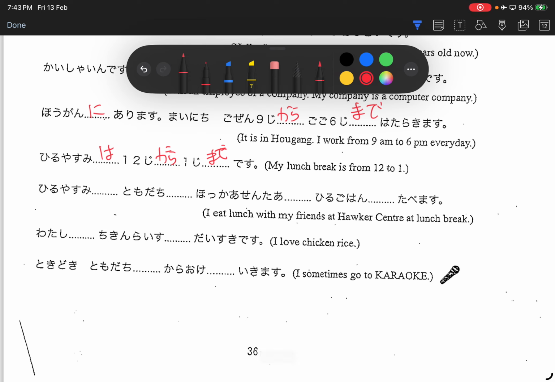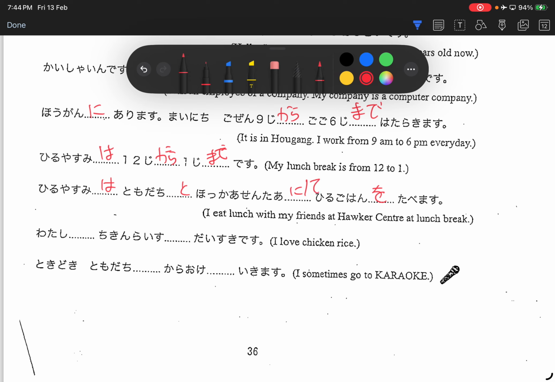昼休みは友達と、ホーカーセンターに昼ご飯を食べます。Very good. Also ni, or we can use another word, で, there.